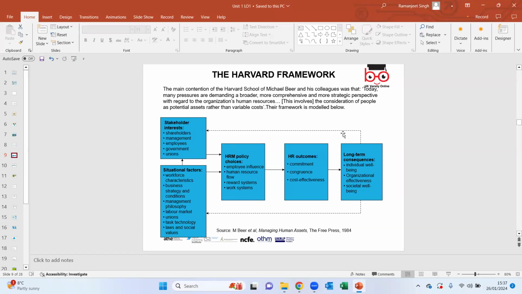What they do is use strategic HRM management approaches based on the organization's strategic needs, essentially. So this model looks at inside stakeholder interests. Do you know what stakeholders are? Yeah, stakeholders, we can say the company, the investors, everything working with the company is playing a role as a stakeholder.